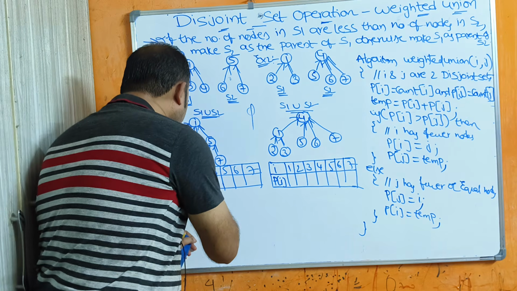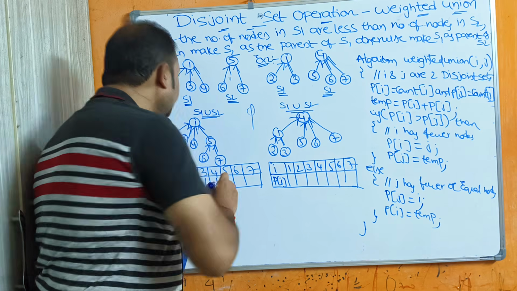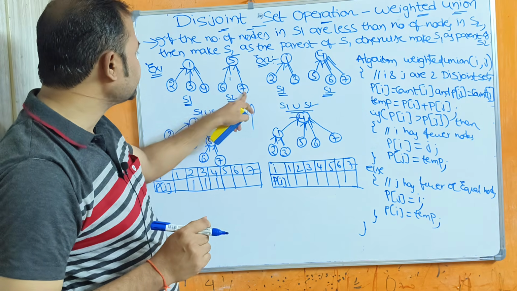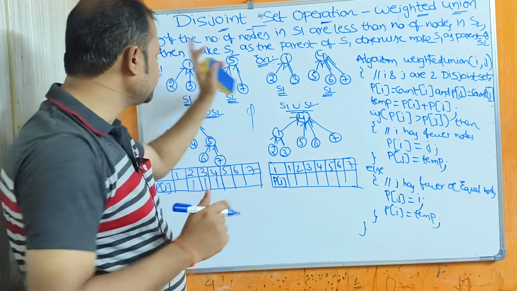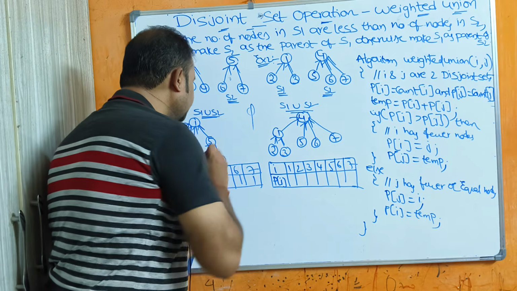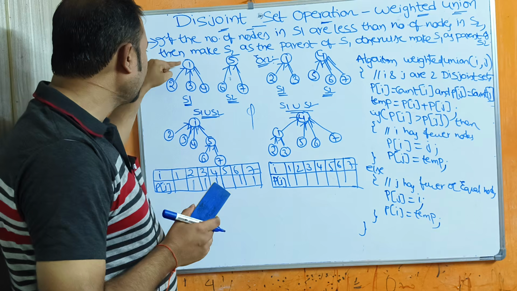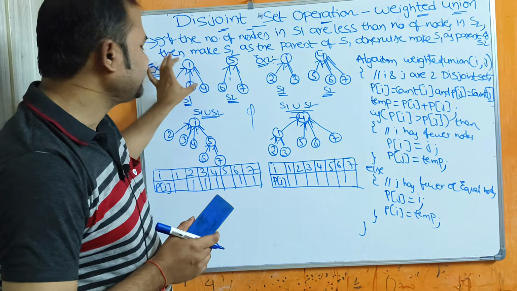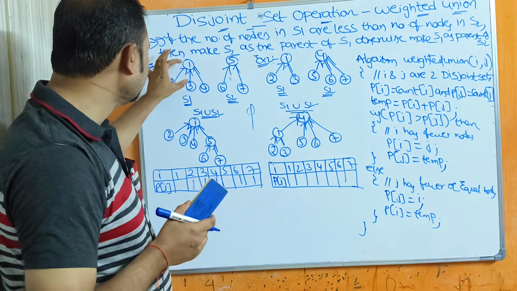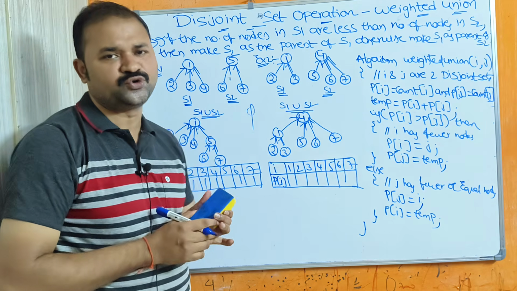Next, the parent of 6, 7 is 5. What about 1? 1 is the root node for this tree. For this disjoint set, 1 is the root node.